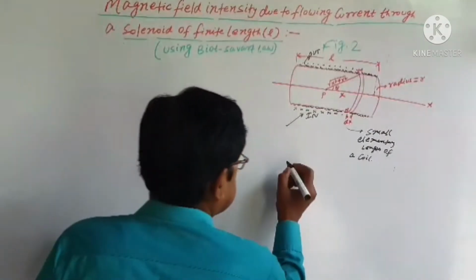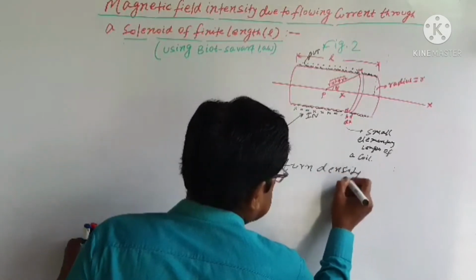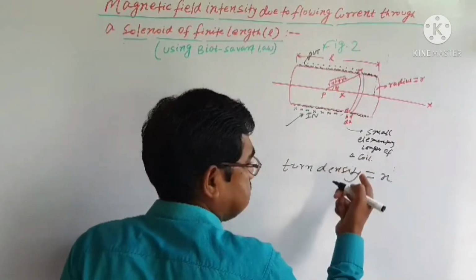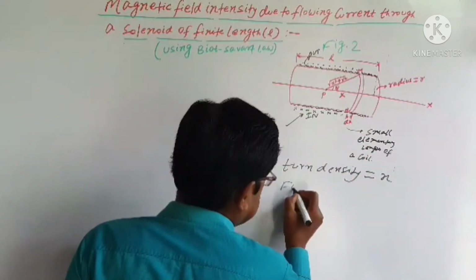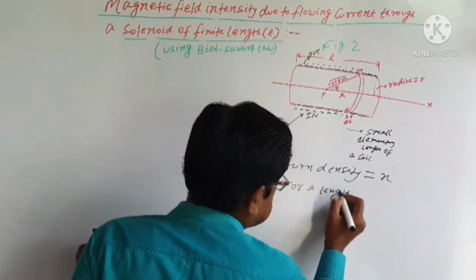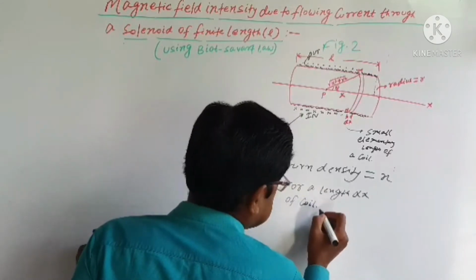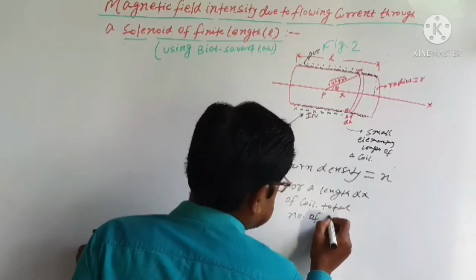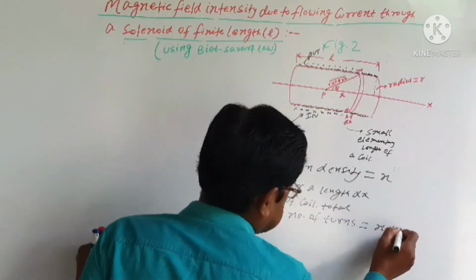Because we know that turn density is equal to N. So, the number of turns in this part dx, for a length dx of coil, the total number of turns is equal to N dx.